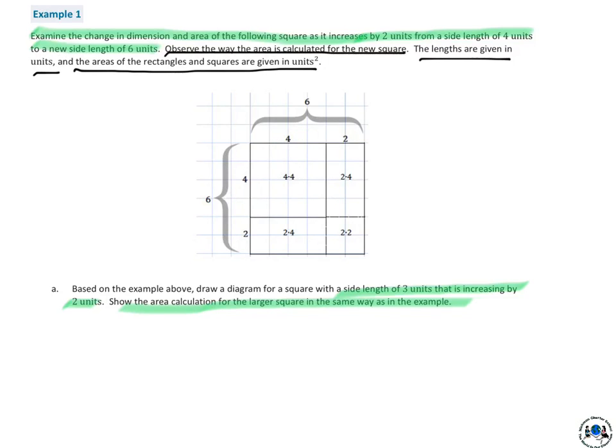So going back to example 1 for a second, just to show you how we can calculate the area a little bit differently, again more or less algebraically. There are a couple of ways. To calculate the area of this extended square, the 6 by 6 square, we could say that it is 4 plus 2, and that's coming from here, 4 plus 2 and 4 plus 2.